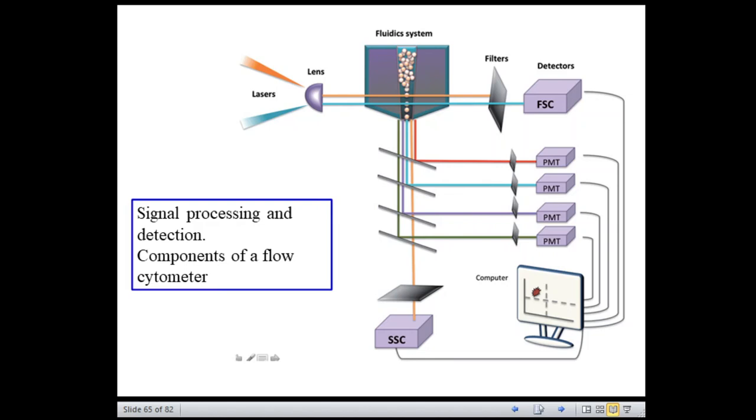When the particle leaves the beam, then the pulse comes back down to the baseline. So you will have a signal for that particle as long as it is in the center of the beam. So once it leaves the beam, then automatically the pulse comes back down to the baseline.